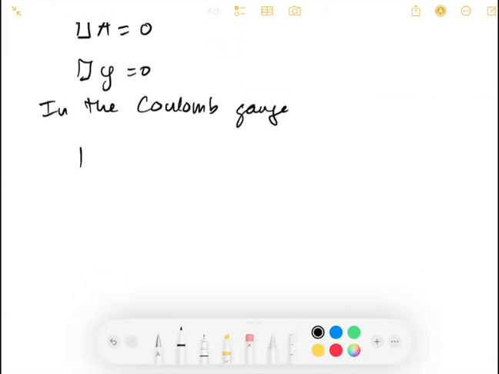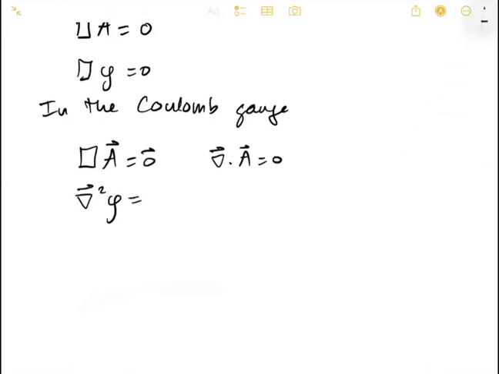So we still have this D'Alembertian of A being 0, but the Coulomb gauge is that the divergence of A is 0. And then you end up with the Laplacian of phi being 0. So it looks a little bit different.